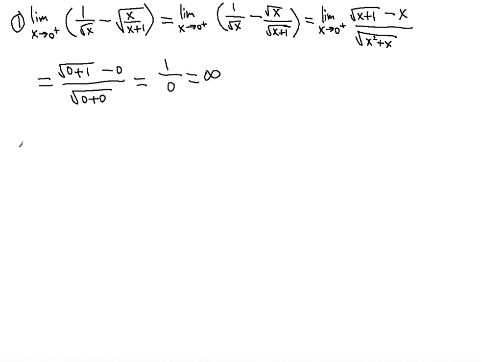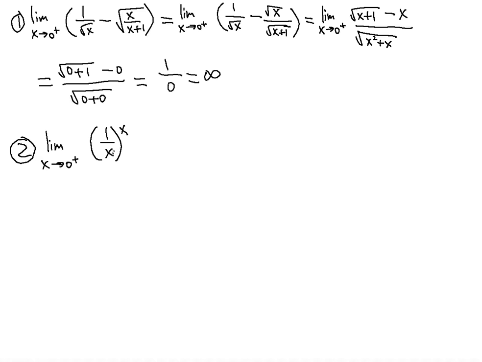Okay? Now the second example, the final example, is the limit as x approaches 0 from the right of the function 1 over x to the x power.